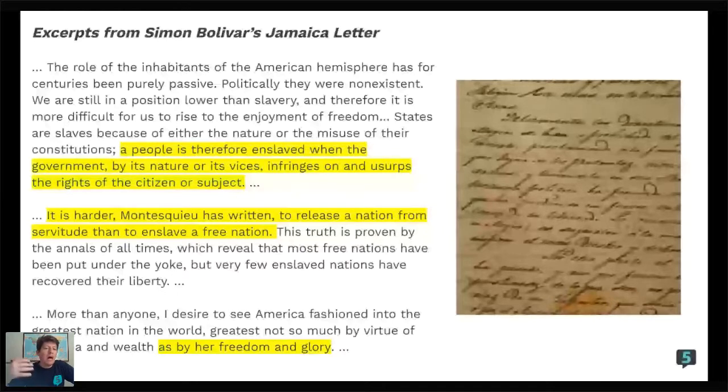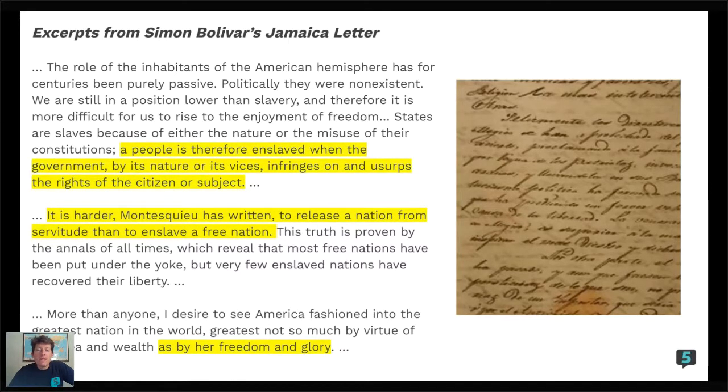And again, he desired to see America, meaning these South American nations, fashioned into the greatest nation in the world. Greatest not so much by virtue of her area and wealth as by her freedom and glory, right? Establishing an independent country that is based on protection of freedoms. All of these ideas coming out of the Enlightenment, really shaping these Atlantic revolutions.